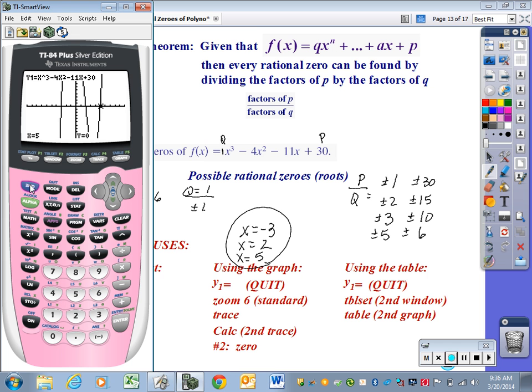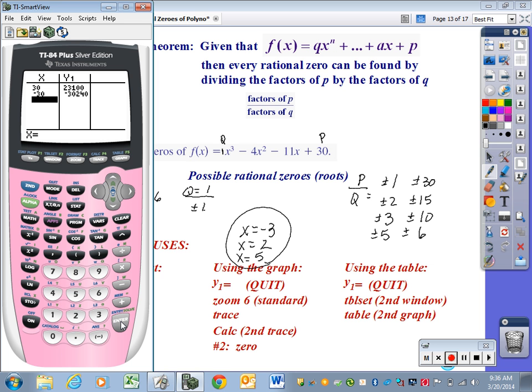So first go to table set. And I'm going to have it ask on my independent. That way, when I go to my table, I can ask the values. I could ask about +30. Did I get a 0 value? No. I could ask about -30.